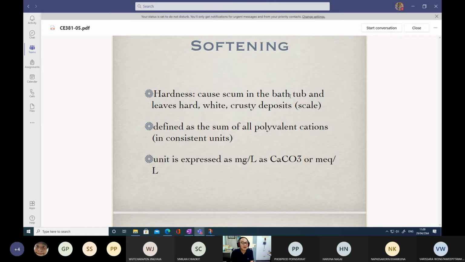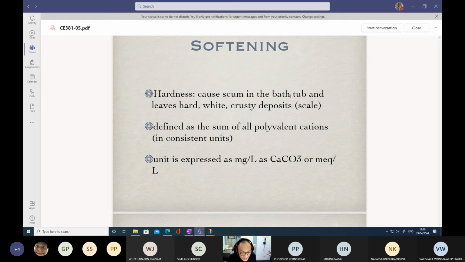Hardness is actually defined as the sum of the polyvalent cations. We can compare all the polyvalent cations, but if we want to compare, of course, we need to express them in the same or a consistent unit.